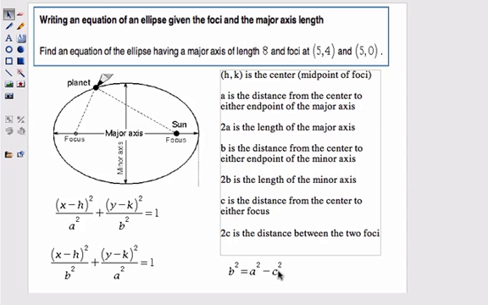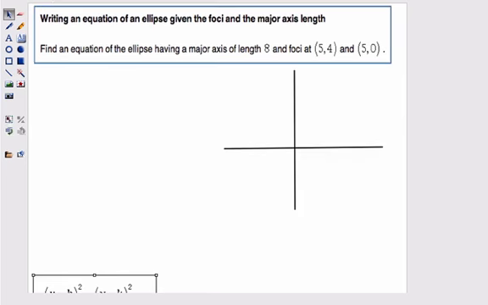So let's go ahead and look at those problems. The first thing I would do when you're given this problem is sketch your foci and determine the direction of your major axis. Does it go in the y direction or the x direction? In this case, the point (5, 4), I'm going out to the right 5 and up 4, is right here.